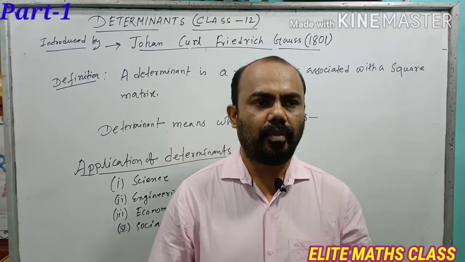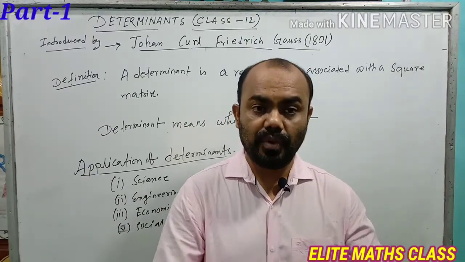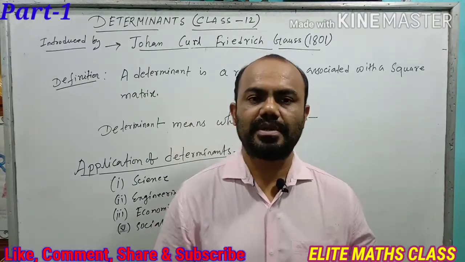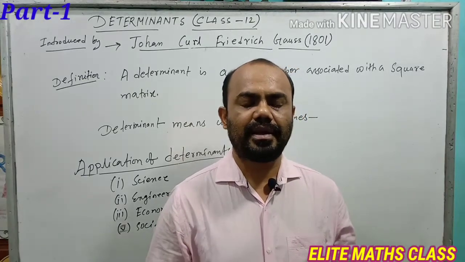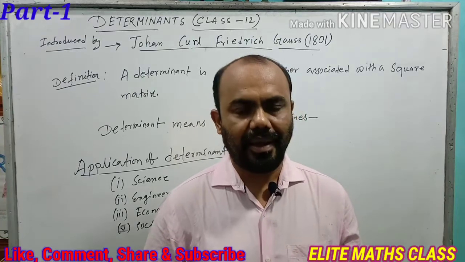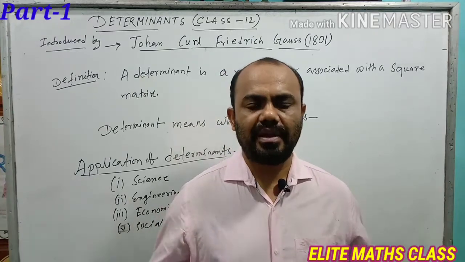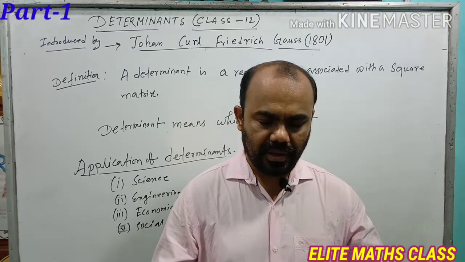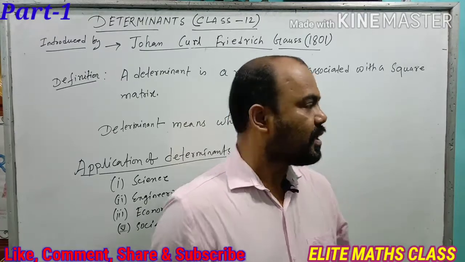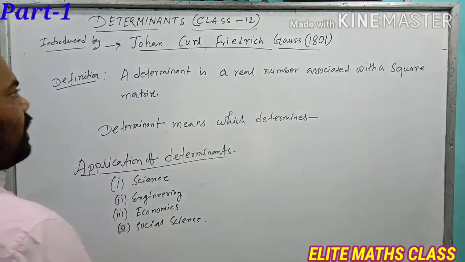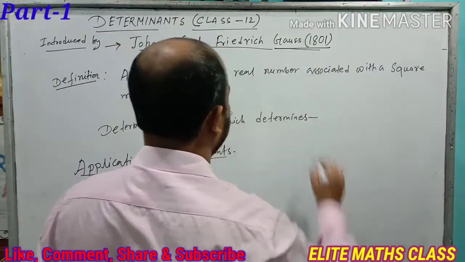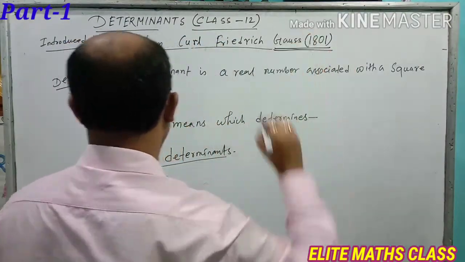After that, the previous concept was improved by Gauss, published in 1801, and after that it was widely used in mathematics. So we can say that the modern concept of determinant was introduced by Gauss.